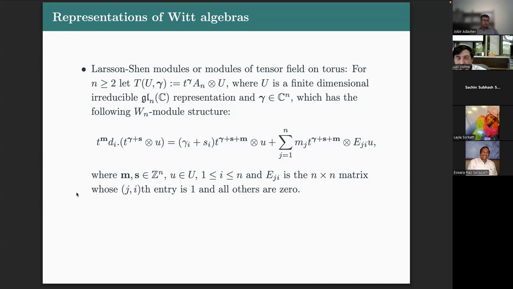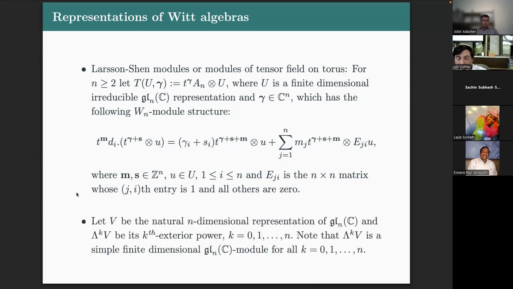Are they irreducible? Or what is their structure? More precisely, if you know the GL_n(C) representation theory, one quickly realizes that if you take the standard representation, C^n, the n-dimensional complex vector space, and take its exterior powers, they form irreducible representations for GL_n(C) for k = 0, 1, ..., n.